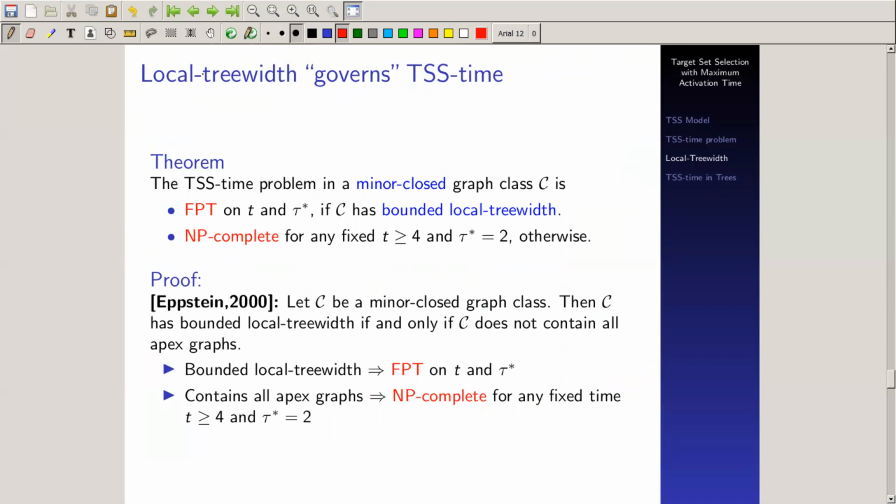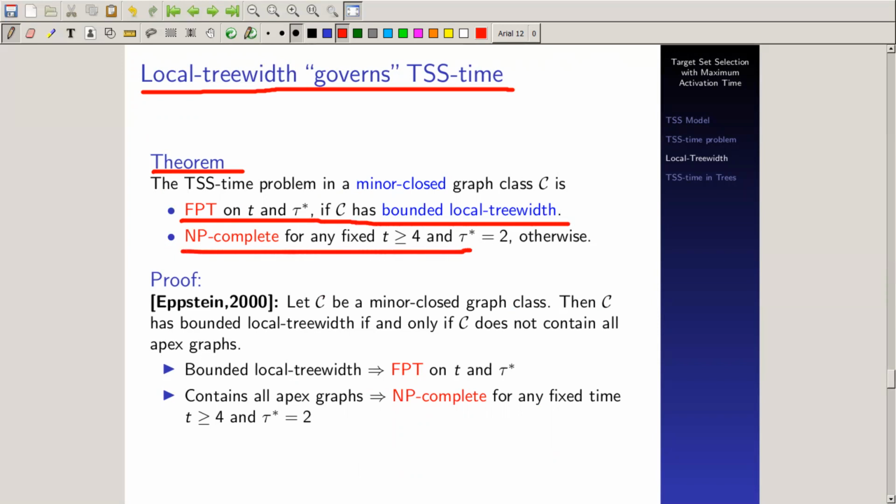Okay, so how do we prove now that local treewidth governs the TSS time problem? Theorem. The TSS time problem in a minor closed graph class C is FPT on T and tau star if C has bounded local treewidth. Otherwise, it is NP-complete for fixed T at least 4 and tau star equal to 2. From Eppstein 2000, let C be a minor closed graph class, then C has bounded local treewidth if and only if C does not contain all apex graphs.